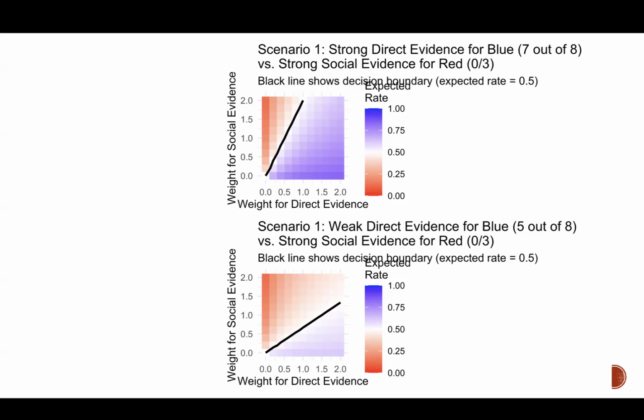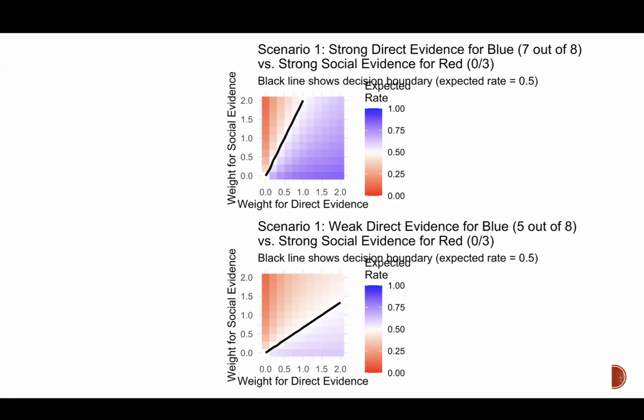And what we can see is that the decision is skewed, right? So that most of the decisions are for blue and fewer are for red, but there is a decision boundary that sort of mediates between the two. A few more words on that in a second.